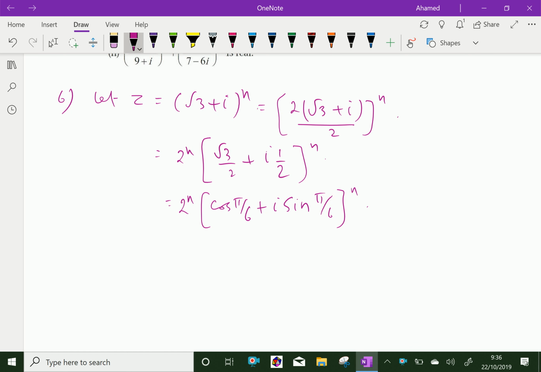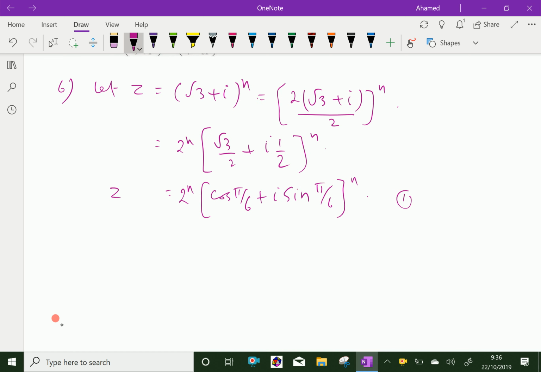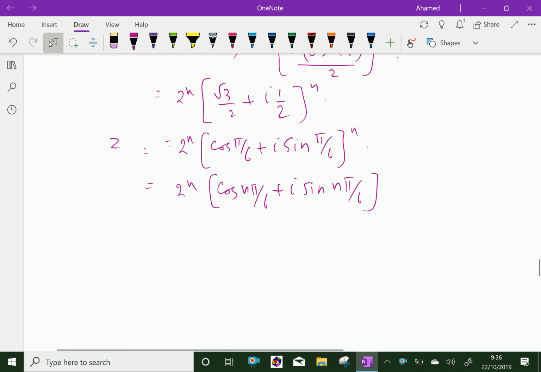Now, let this be 1. Further, by using De Moivre's theorem, this is 2^n (cos(nπ/6) + i sin(nπ/6)), which means the power becomes the multiplication of the angles.